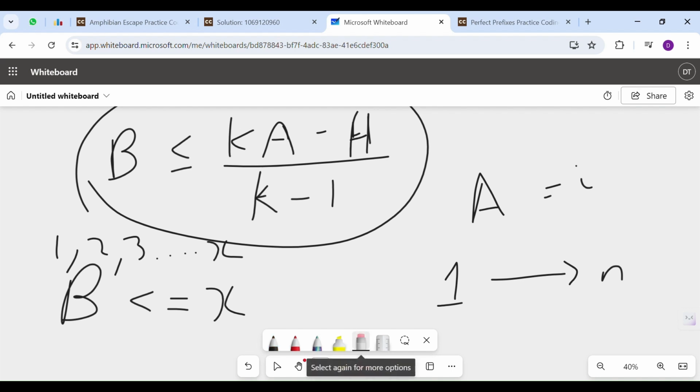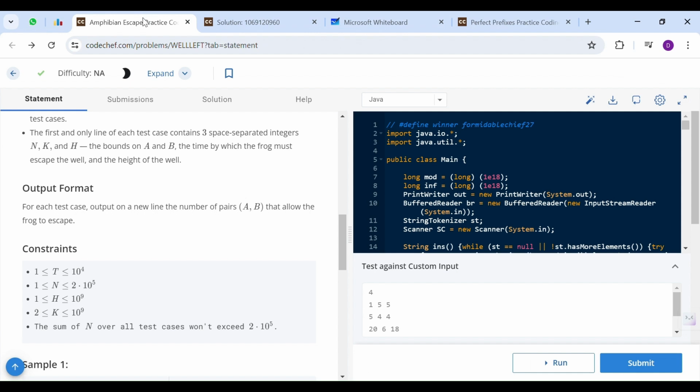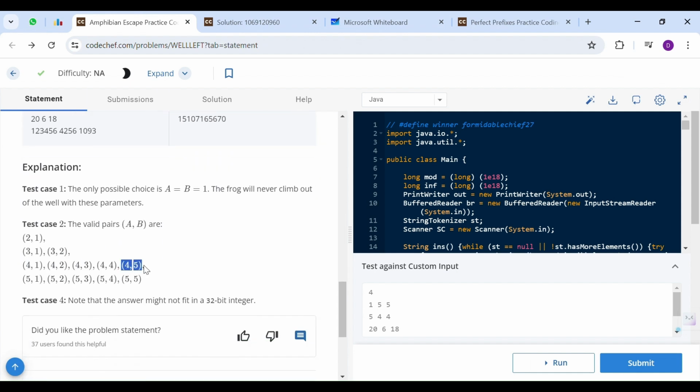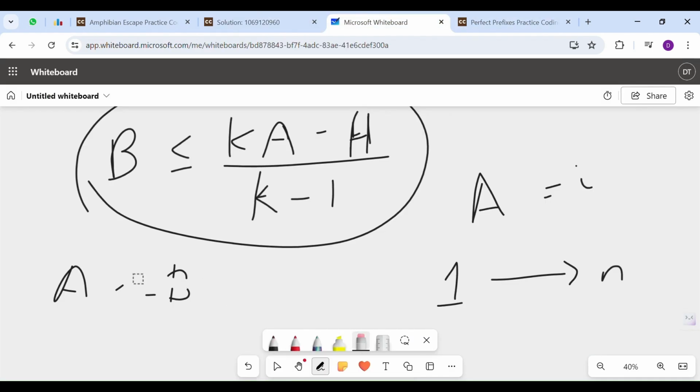Okay, now this equation has one condition, that A is more than or equal to B. But if you see in the question, there are cases where B is more than A. Now, what are the cases in which B is more than A? If B is more than A, for K minus 1 operations, the frog will stay on the ground itself because it is coming down more than it is jumping.